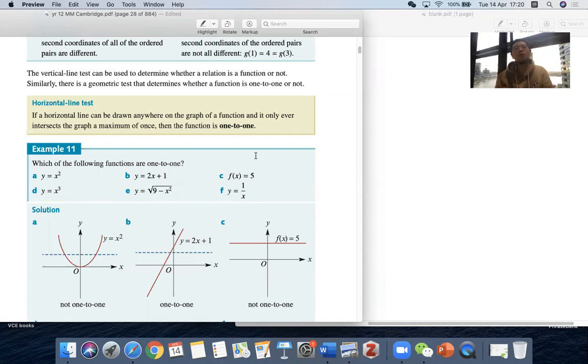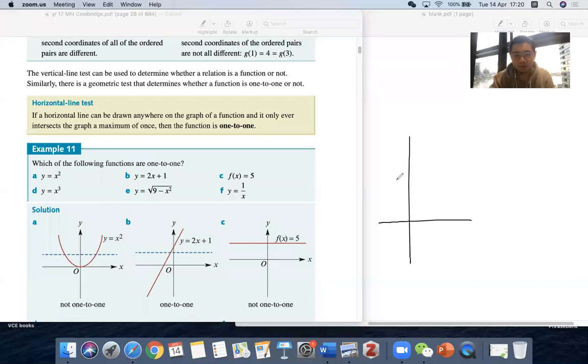Now if we want to test if a function is one-to-one, we can directly use what we call the horizontal line test, okay? The horizontal line test basically means you draw the graph, any of them, and randomly draw a horizontal line over here, over here, over here.